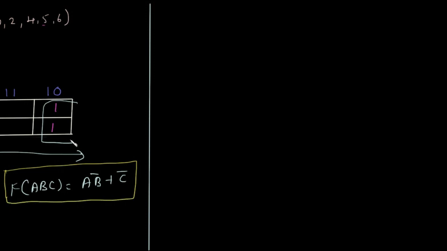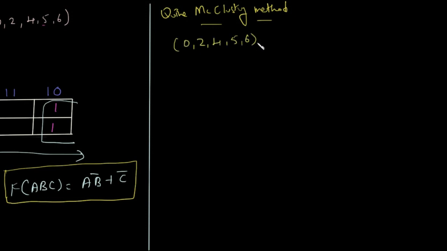So we can highlight this. We can solve the same problem using the McCluskey method. Now we can start. The given problem is f of ABC equal to 0, 2, 4, 5, 6.